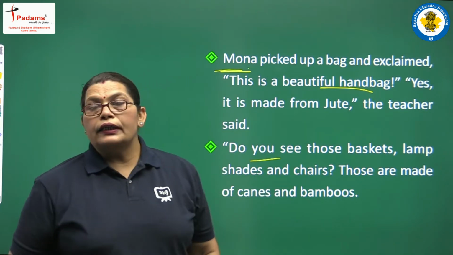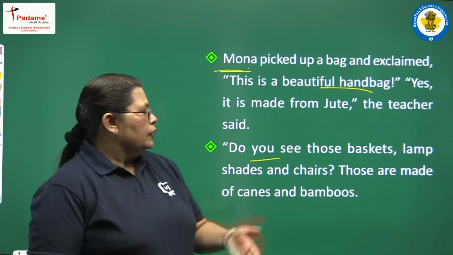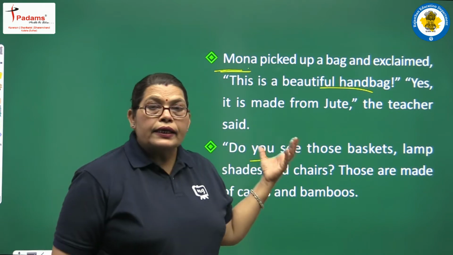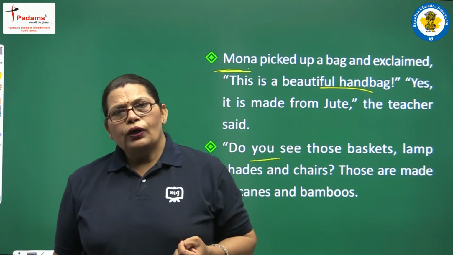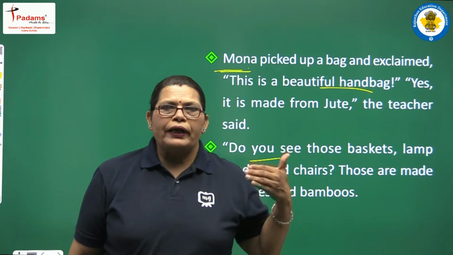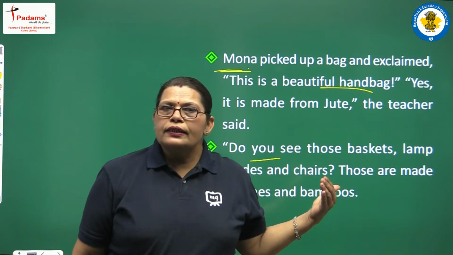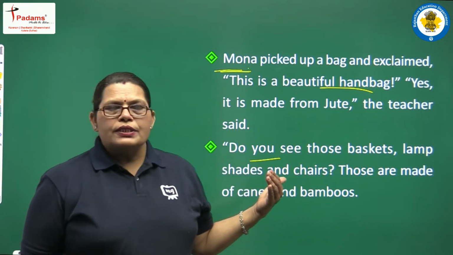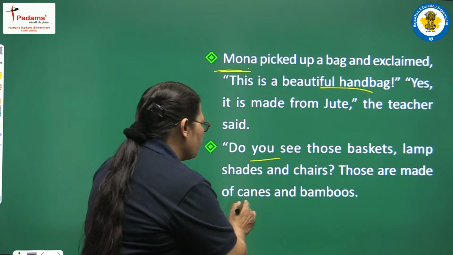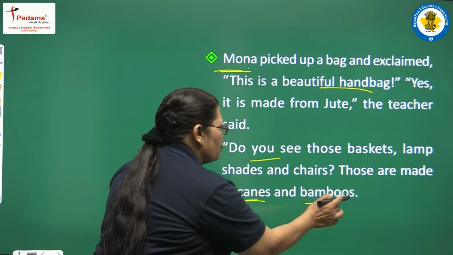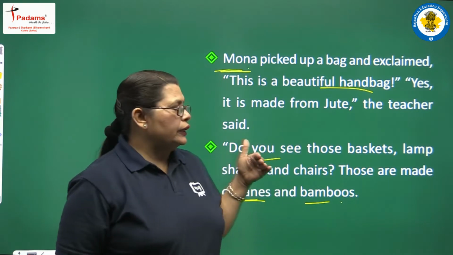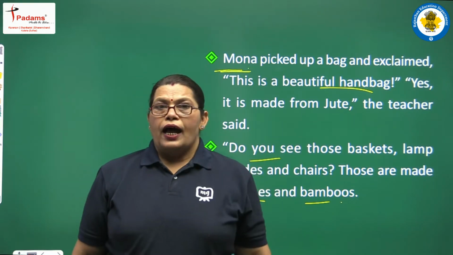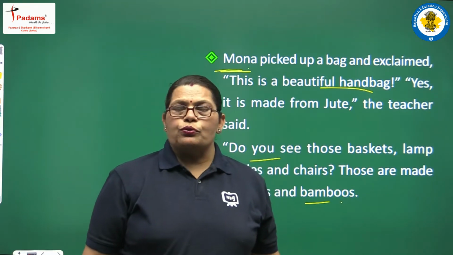And see the other things also in the exhibition. Do you see those baskets, lampshades and chairs? Can you imagine, students, what material all these things are made of? Those are made of canes and bamboos. Different types of baskets, lampshades and chairs are made of canes and bamboos.